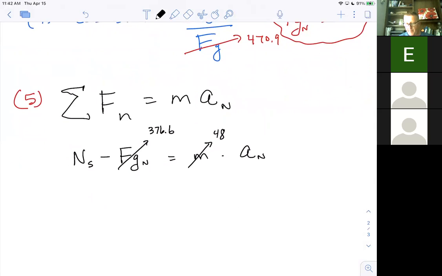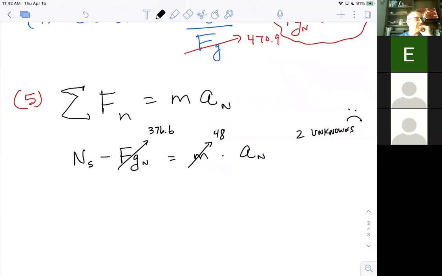That's not a very happy equation because I got two unknowns. What are your thoughts on that? Two unknowns. Don't like that equation.